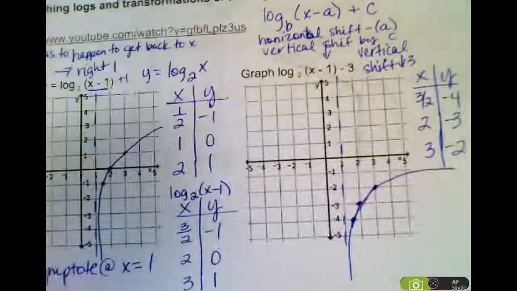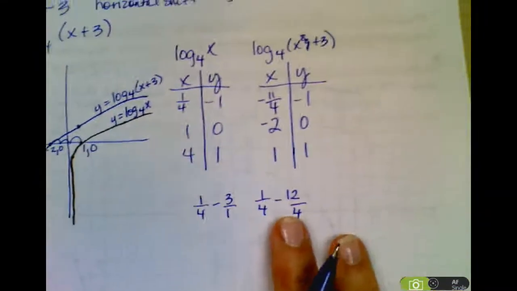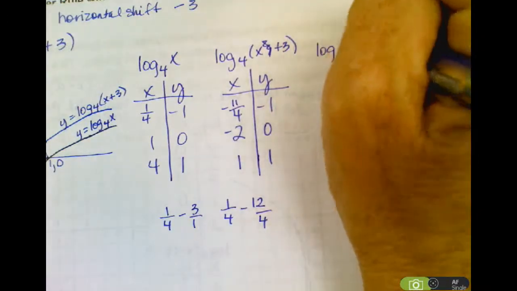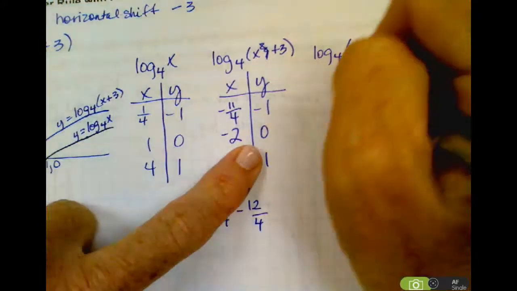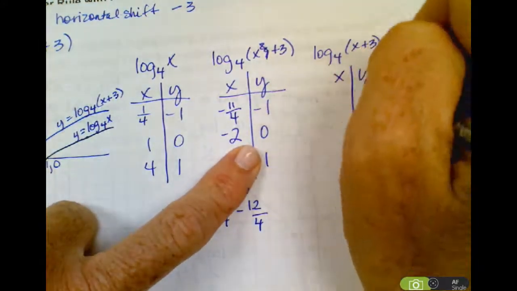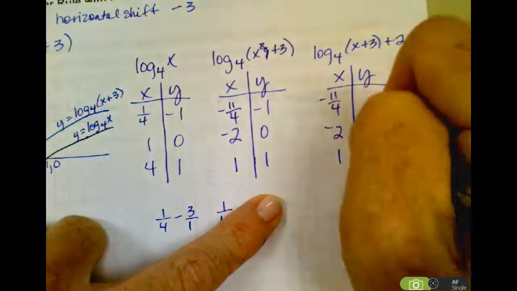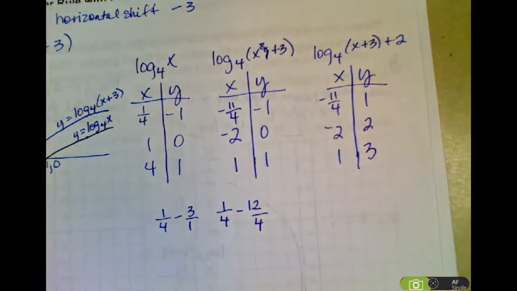We can even graph that on our other side so you can see all three of them together. So this would be log 4 x plus 3 plus 2, taking all of these y coordinates and increasing them by 2. So 1, 2, and 3. Let's do that in a different color. Okay, what have we got?